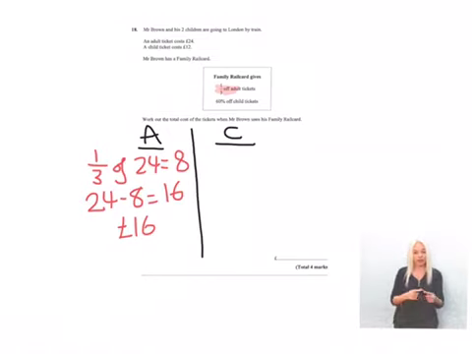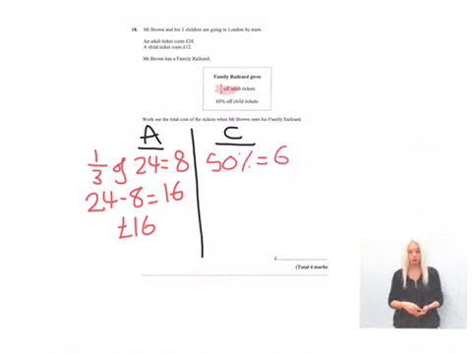For the child ticket, you get 60% off. So one child ticket is £12, as shown up here. So let's find 60%. 50% is 6. 10% is £1.20.